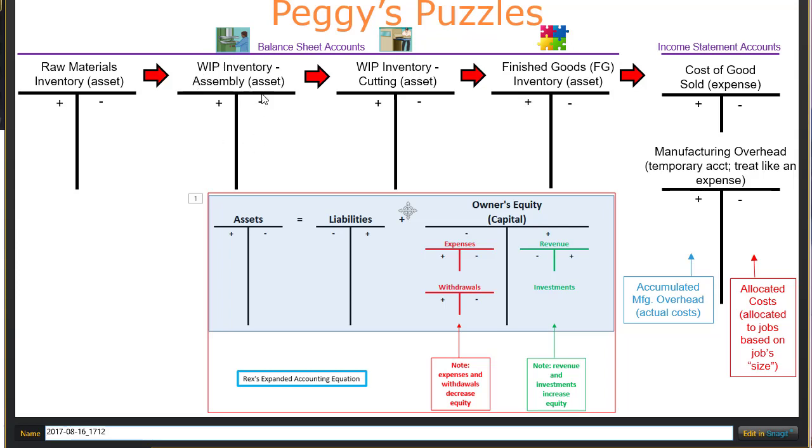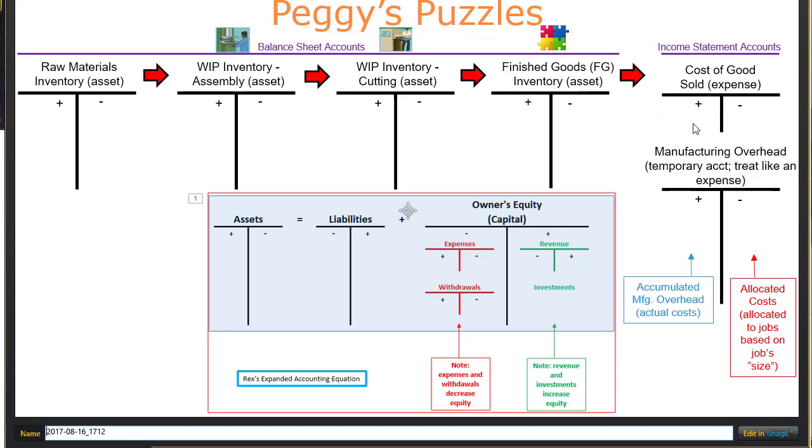Once that is done, the puzzles come over to the cutting department, are cut, and then put into the boxes, which is the direct materials for this process. Once they're finished, they go into finished goods inventory until they are sold. And once they're sold, they leave finished goods and go into cost of goods sold.